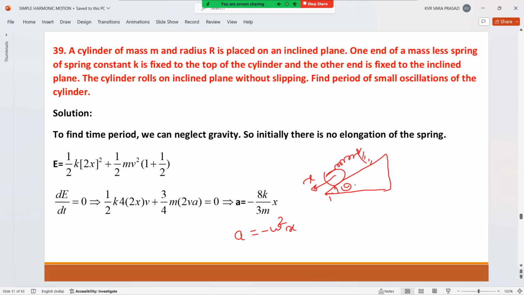Its meaning is that time period is not depending on angle of inclination. Suppose you are given same problem, it is like on a horizontal surface and it is now rolling on that surface like this. Even in this problem also, time period will be same. Okay, right.